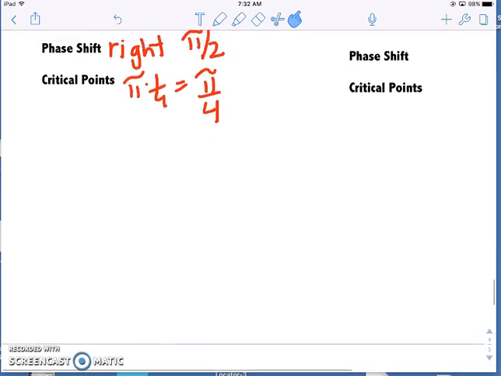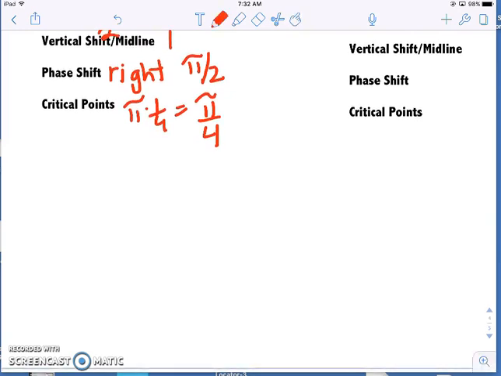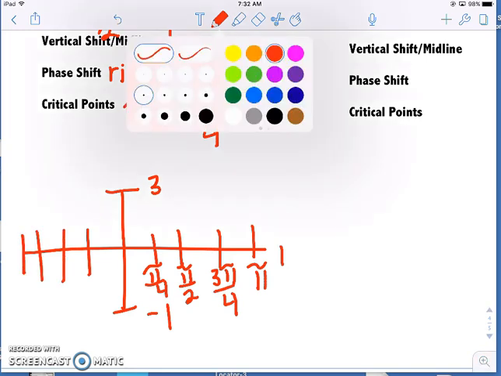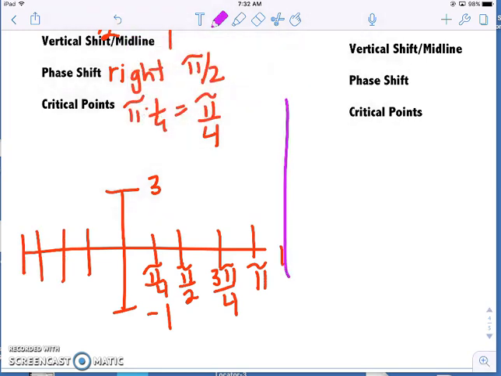So if we were to graph this, our midline is 1, our amplitude is 2, so that would make this 3 and negative 1. Our 4 tick marks, so our critical points 1 pi over 4, 2 pi over 4, so pi over 2, 3 pi over 4, and pi. And let's see, what was this line?